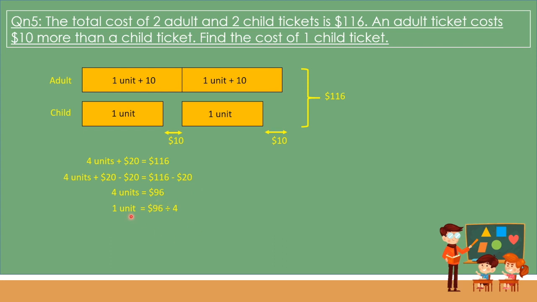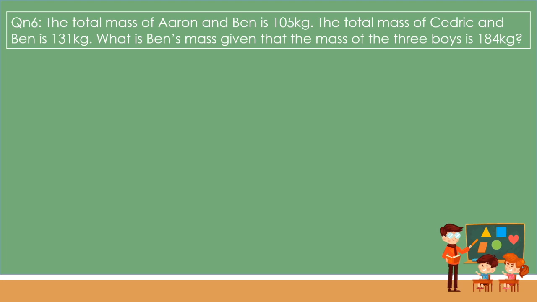So 1 unit equals $96 divided by 4 equals $24. So 1 unit equals $24 and one child ticket is also equal to 1 unit. So now you know that the cost of one child ticket equals $24. That's it. Now we move on to question 6.